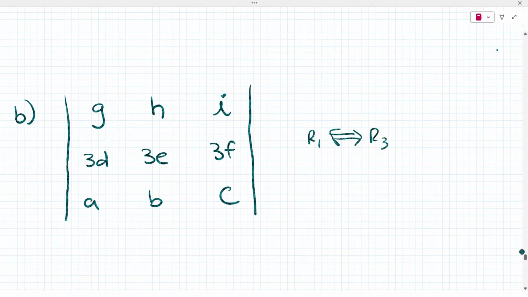And there's also a scalar, 3 in the second row. You're multiplying the second row by 3, everything by 3, right? So it's 3 row 2, and that gives my row 2. That is a scale.